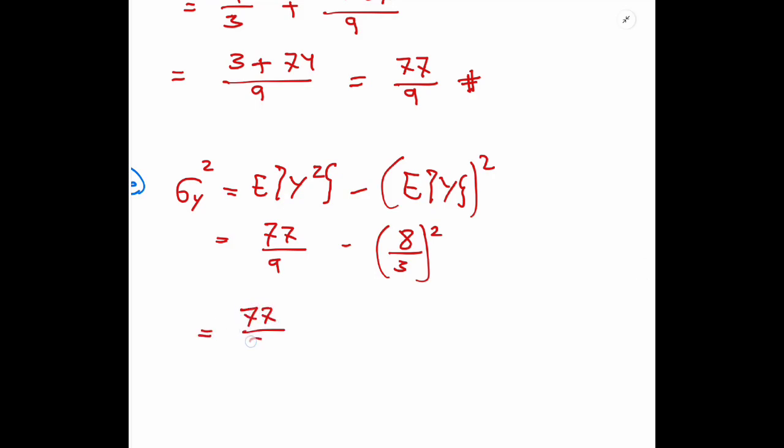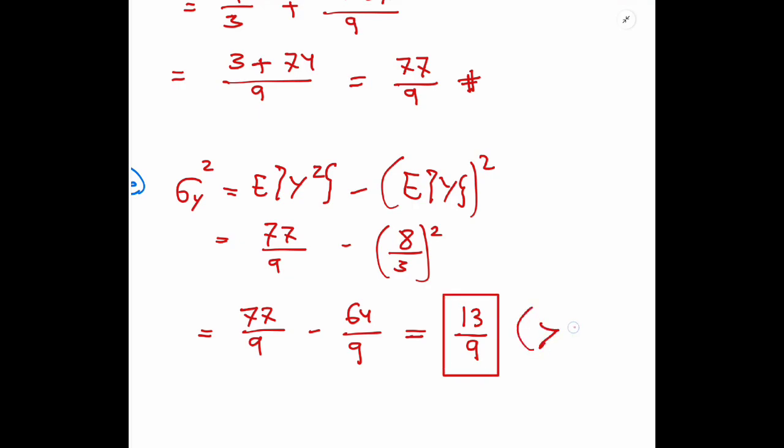So 77 divided by 9 minus 64 divided by 9, and the answer is 13 divided by 9. And always make sure that this is positive. It cannot be negative. The mean can be negative, but the variance is always positive.